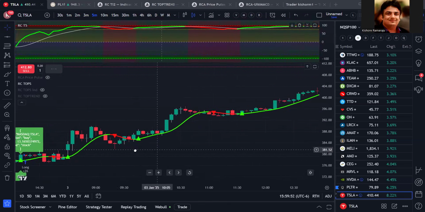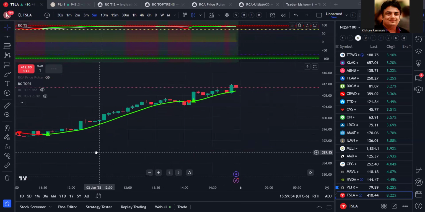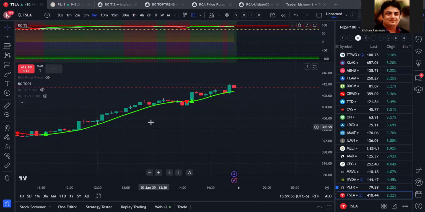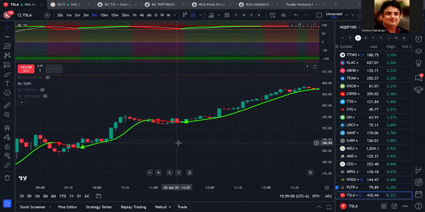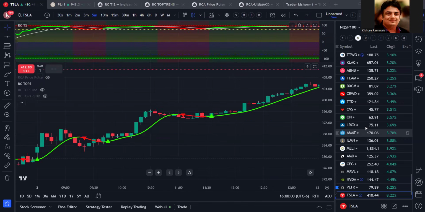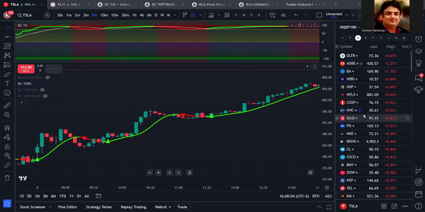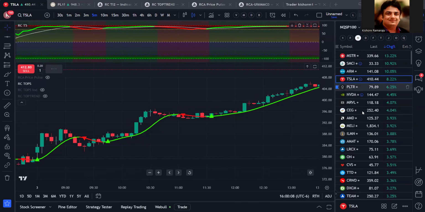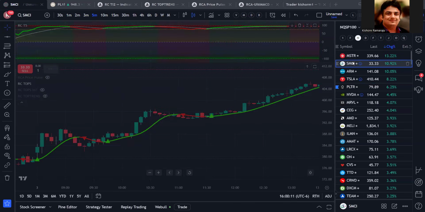It started going up, up, up. As long as it is bullish, it will continue to hold the trade, right? You only have to just go and enable it. For example, I go to SMCA.